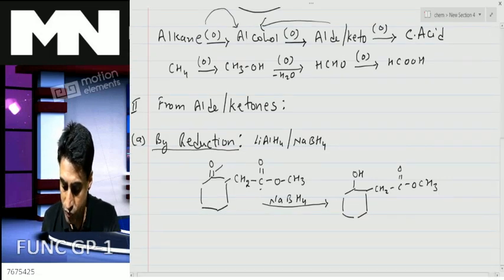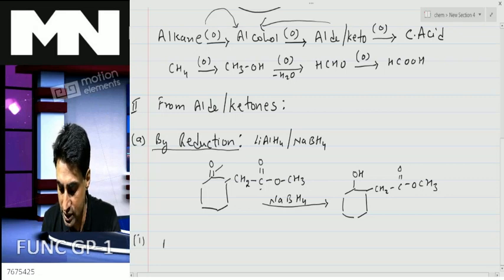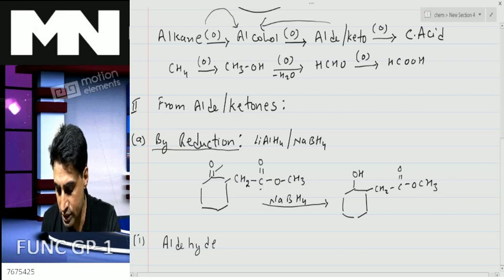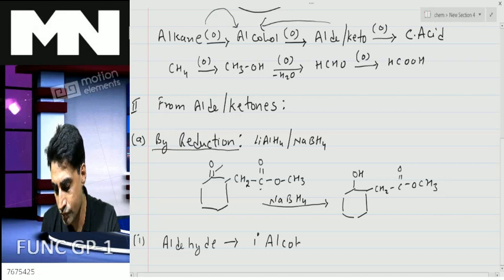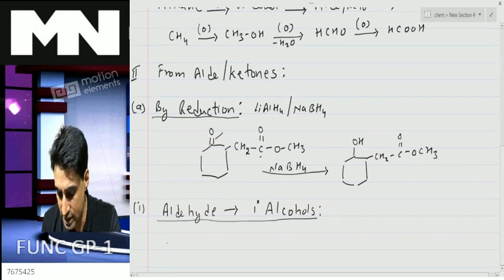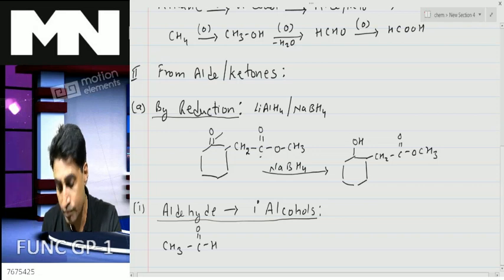Now here, if we talk about reduction, the first point I would like to tell you is that aldehydes on reduction will give you primary alcohols. Suppose I have a compound CH3CHO, acetaldehyde or ethanal, and I am reducing it with NaBH4.